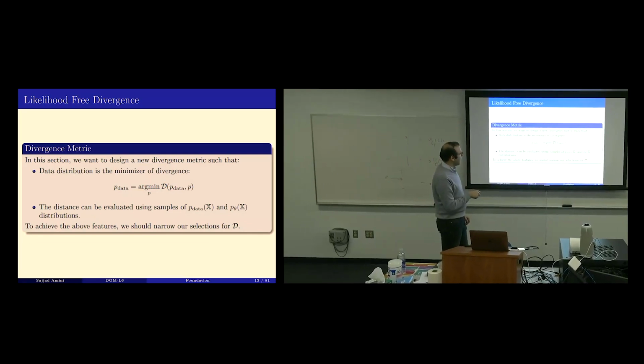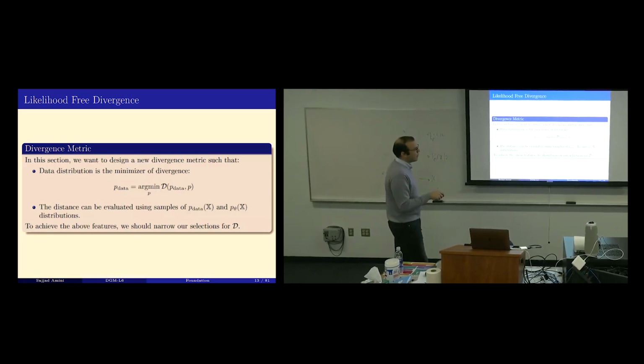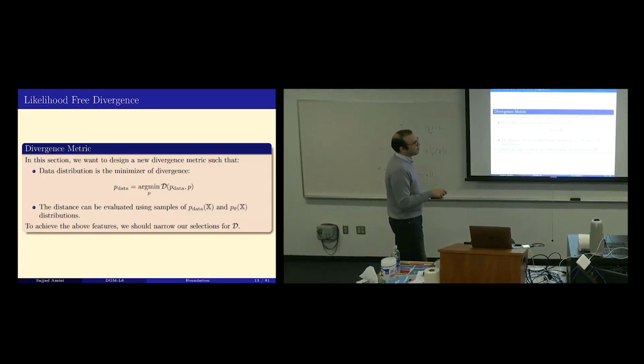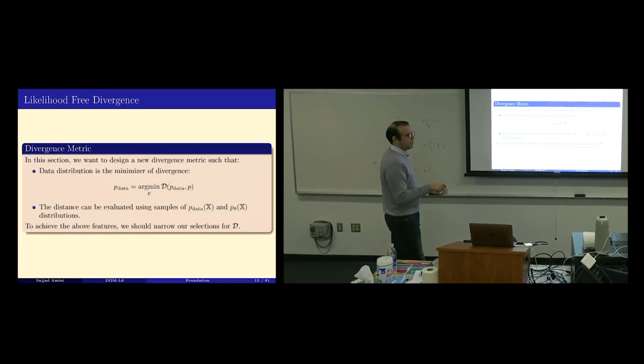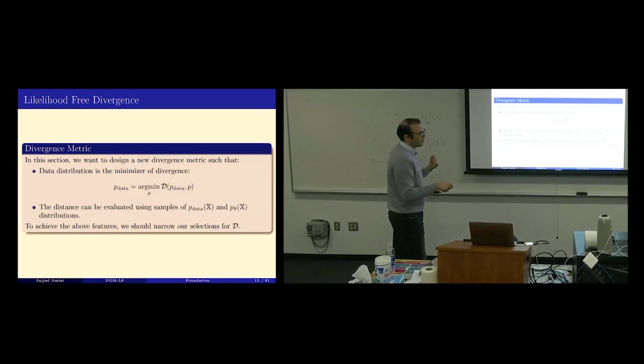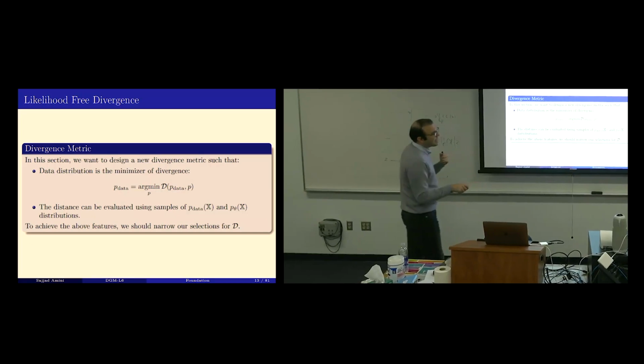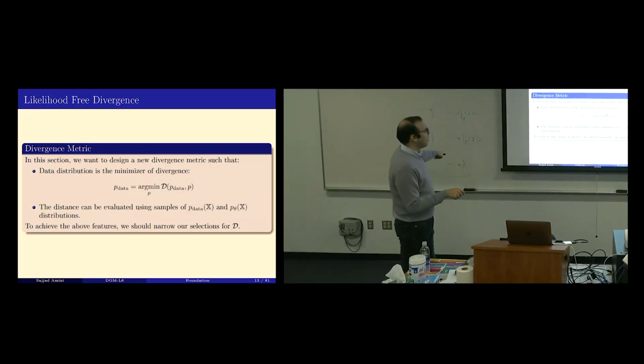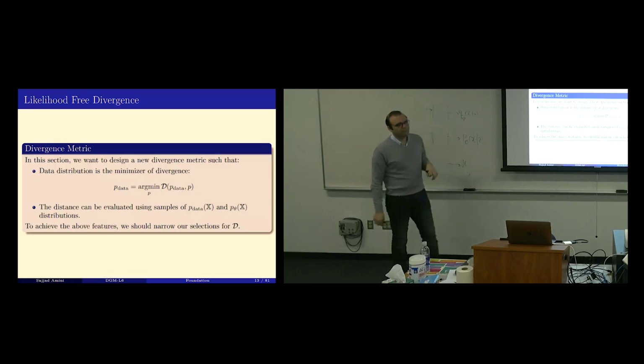So the distance can be evaluated. We want this distance to be evaluated using samples, because sampling from the data is easy, since you select from the training data set. If you have a model like this, sampling from the model is also easy because you just feed your module with Z and then you have samples of your model.